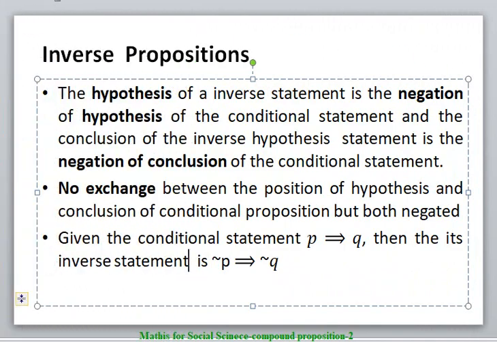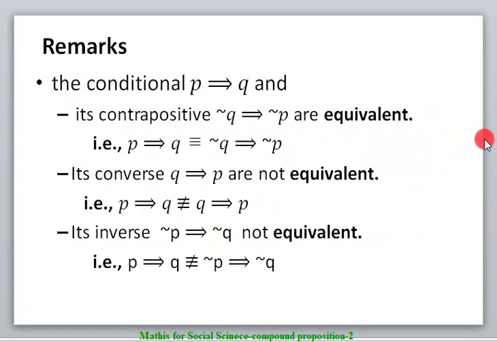An important thing you are required to understand here is the relationship between the conditional statement and its contrapositive, its converse, and its inverse. You should not forget this. If a conditional statement is given, its contrapositive is the hypothesis and conclusion exchanged and at the same time negated.